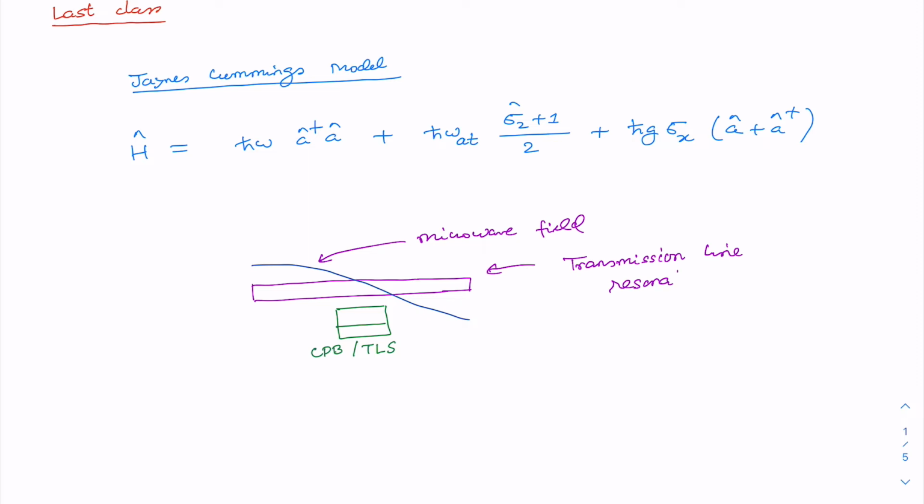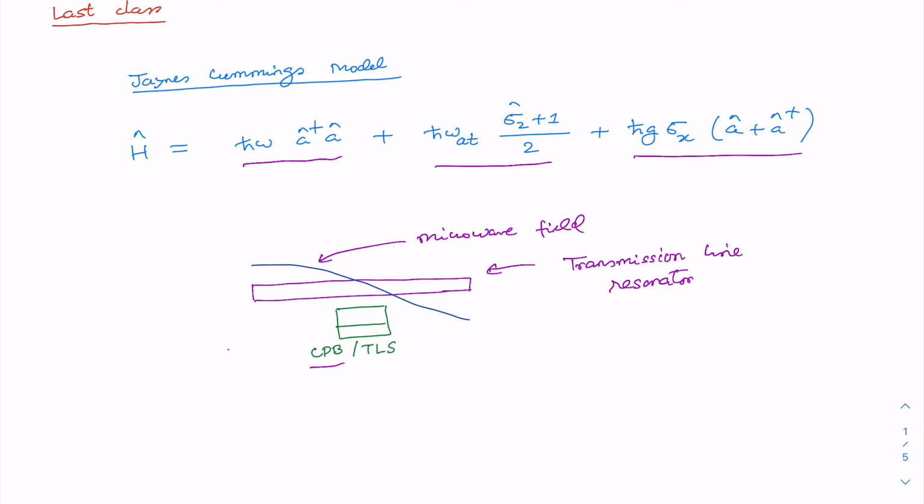On the other hand, the atom, the two-level atom, is nothing but a Cooper pair box. The first term in the Hamiltonian refers to the field mode energy. The second term refers to the two-level atom coupled to the resonator, while the last term represents the interaction between the two-level atom and the field mode.